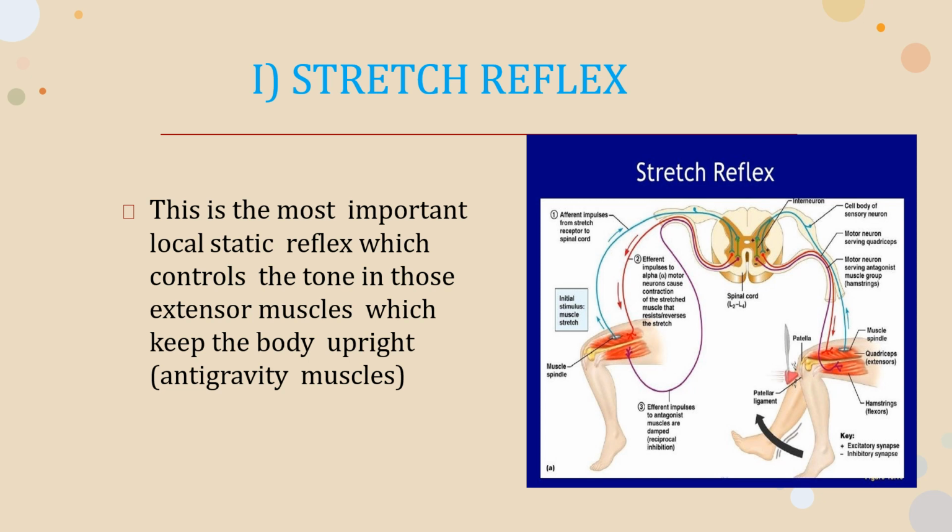The stretch reflex is the most important local static reflex, which controls the tone in those extensor muscles which keep the body upright. So those muscles are nothing but anti-gravity muscles.